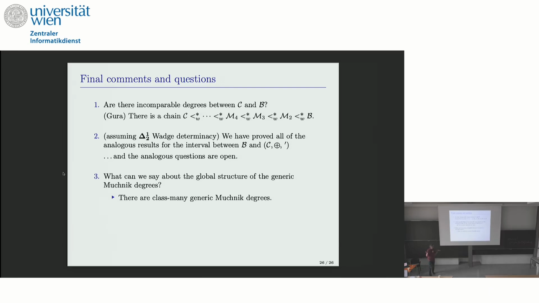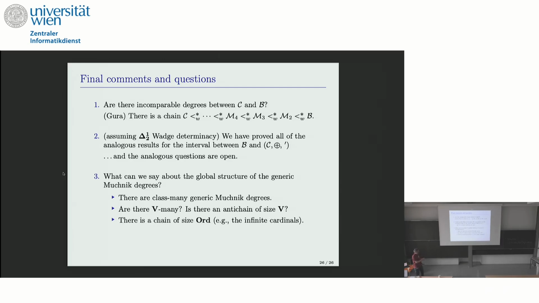There's class many generic Muchnik degrees. I'm going to ask some silly questions now, and I'll explain at the end why I'm asking these particular silly questions. Is there a definable injection from all sets to generic Muchnik degrees? Like I said, kind of silly. Is there an anti-chain of size V?